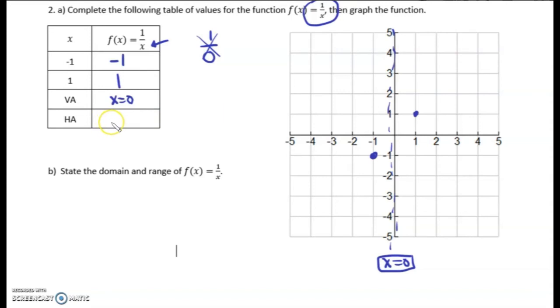Okay, we also have a horizontal asymptote, and that occurs at y equals 0. And algebraically, it's because if you sub in 0 and cross multiply the x, well, 0 does not equal 1. Like 0x does not equal 1. It can never. So we have an issue there too. So horizontal asymptote at y equals 0.